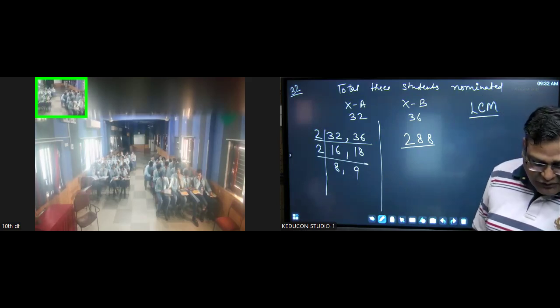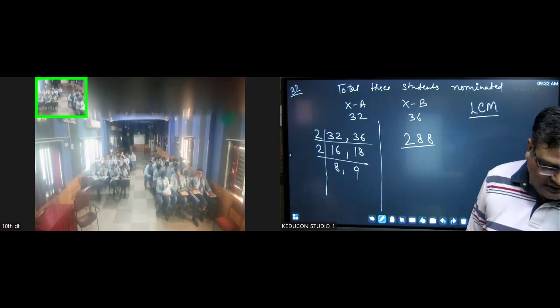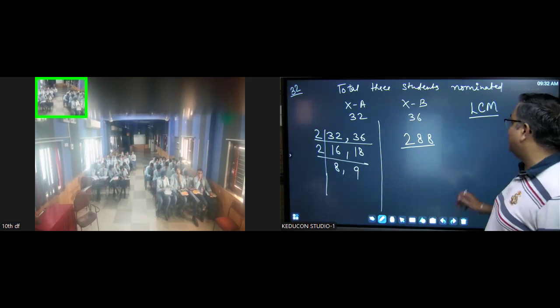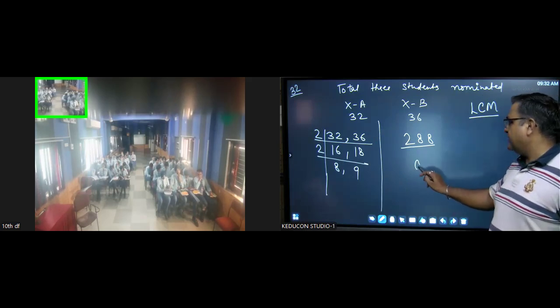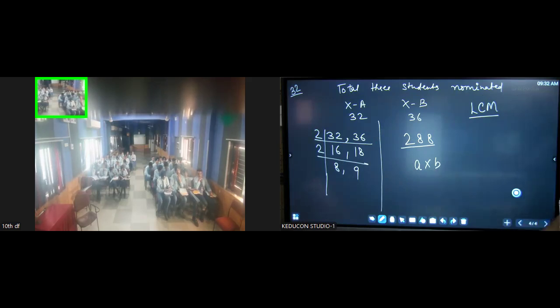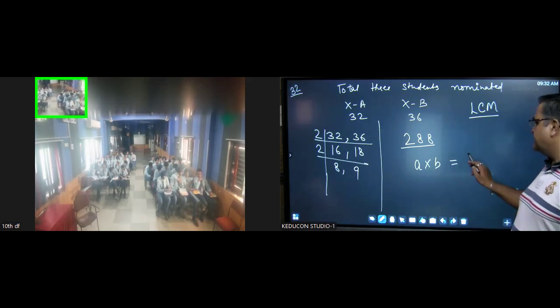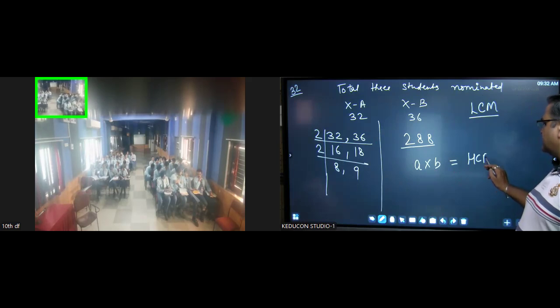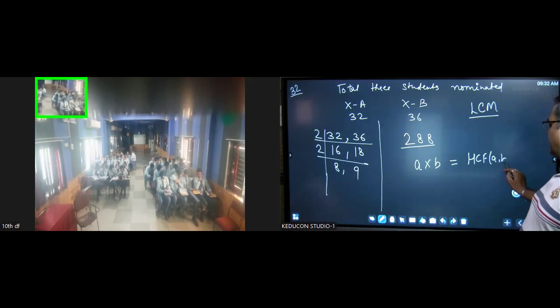If the product of two positive integers is equal to the product of their LCM and HCF. Now we have done the formula. If we have two numbers A and B, then the product of these two numbers is equal to their HCF and their LCM, right?